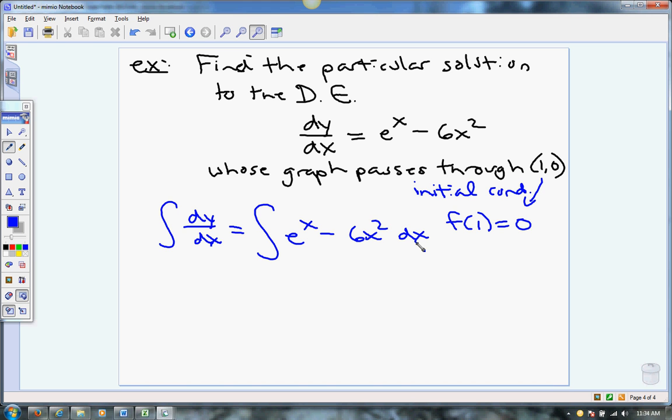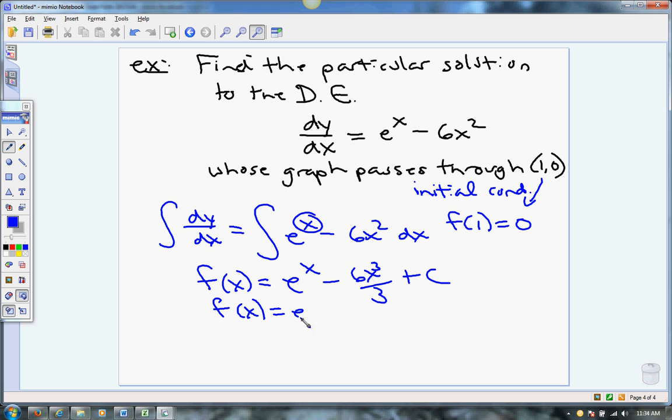So the integral of the left side is just going to be y, or I'm going to put f of x, just because I think it helps us with our initial condition, equals, well, the antiderivative of e to the x, since the x is just an x, not a 2x, is just e to the x, minus 6x cubed over 3 plus c. So that means it's going to be f of x equals e to the x minus 2x cubed plus c.